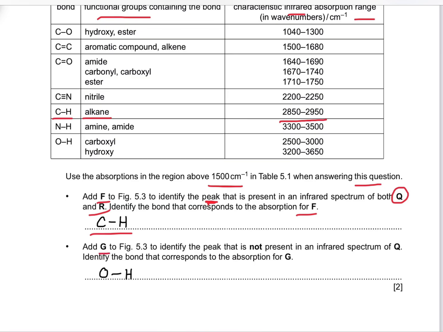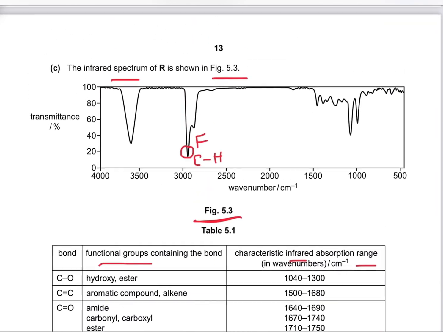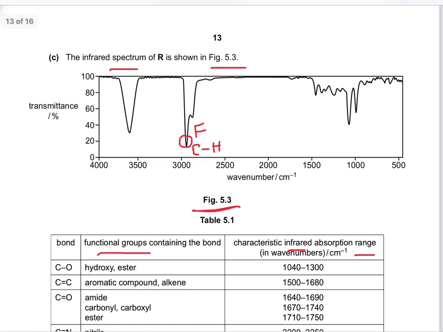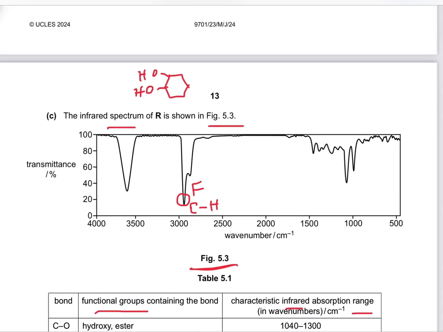Add G to figure 5.3 to identify the peak that is not present in an infrared spectrum of Q. Identify the bond that corresponds to the absorption for G. So let's check the infrared spectrum of R again. So we know that our R is a diol with two hydroxyl group in it. And in Q we have two bromine.